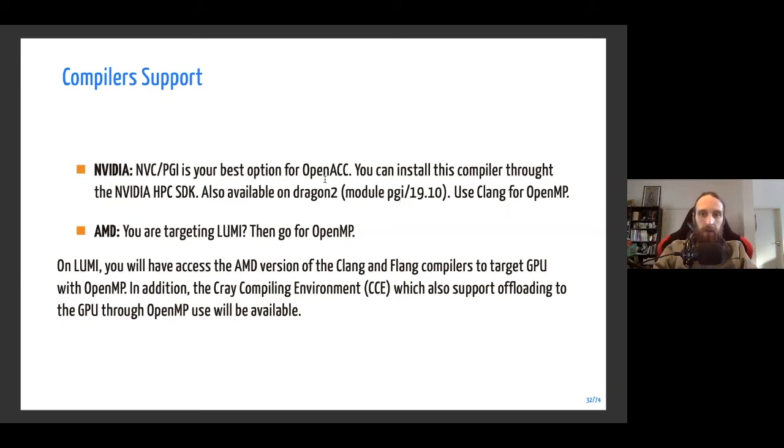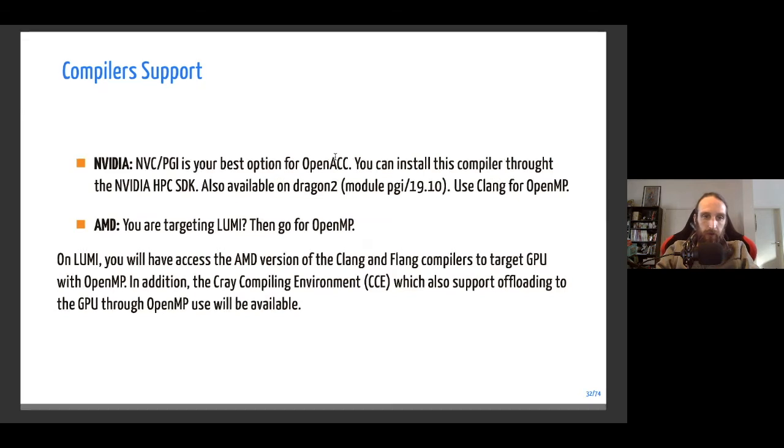You can install this compiler using the NVIDIA HPC SDK, which is now available for free. And the PGI compiler, PGI 19, is also available on Dragon 2. And if you want to use OpenMP to target NVIDIA, it's best to use the Clang compiler.